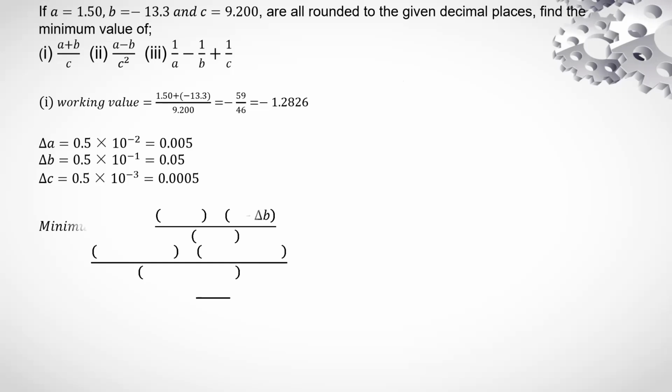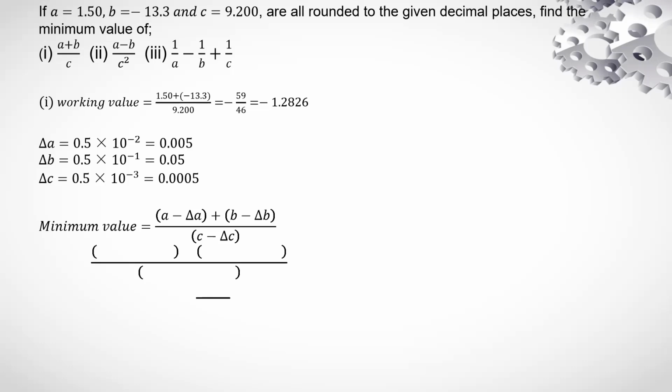So our minimum value, since we have investigated that A is positive, how are we going to make the result a very huge negative? We are going to minimize A, and make B more negative.